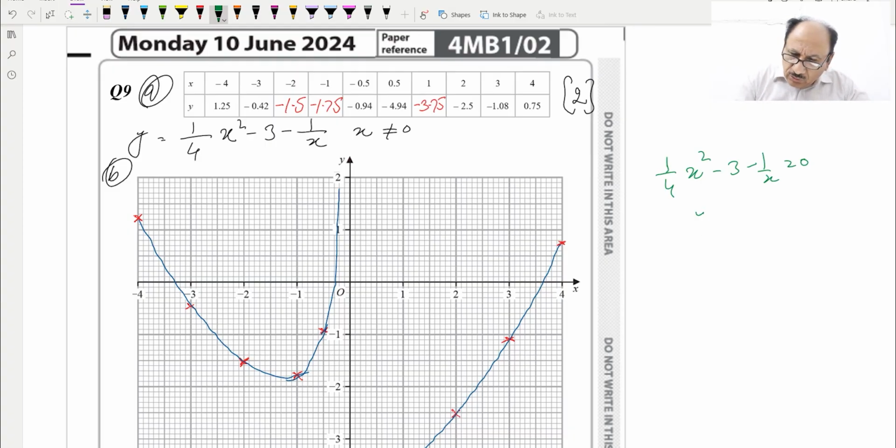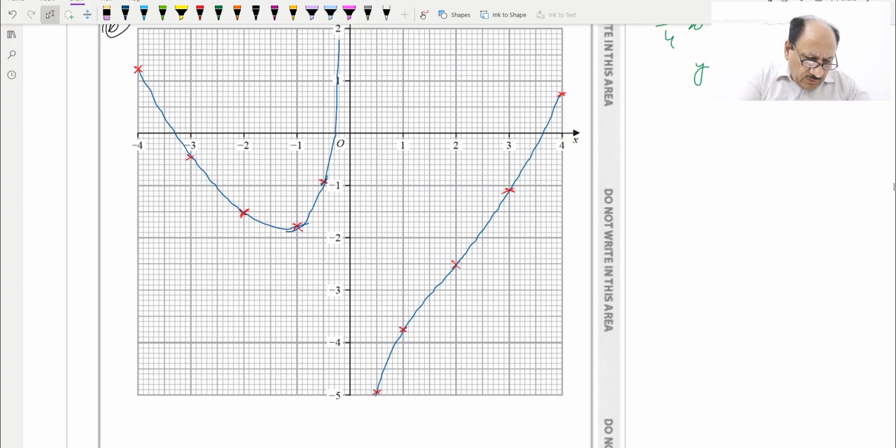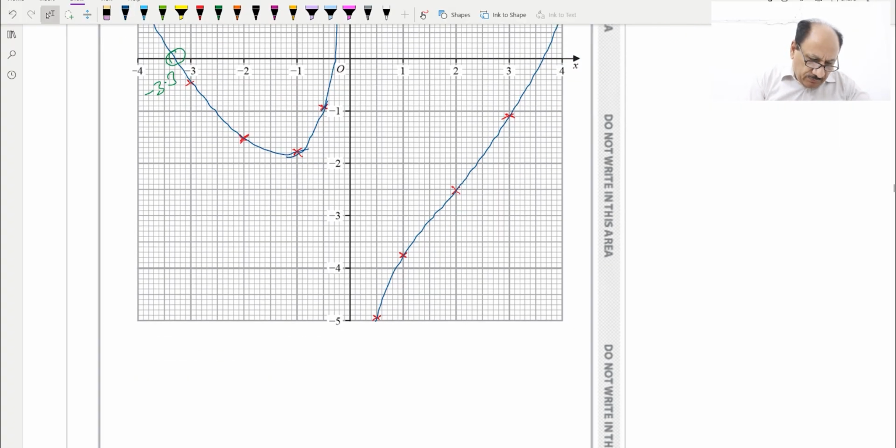So y is equal to 0 will be on the x-axis, and if we see, the solutions will be, we can take like this one, this point is minus 3.3.